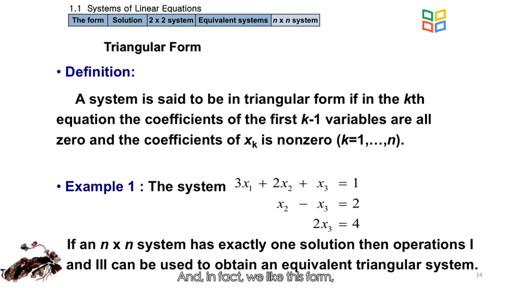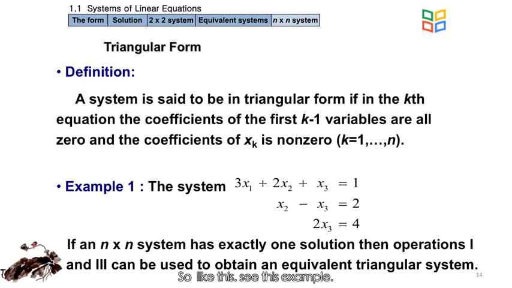And in fact, we like this simpler form, triangular form. See? A system is said to be in triangular form if in the kth equation, the coefficients of the first k minus 1 variables are all 0, and the coefficient of xk is non-zero, for k equals 1 through n.